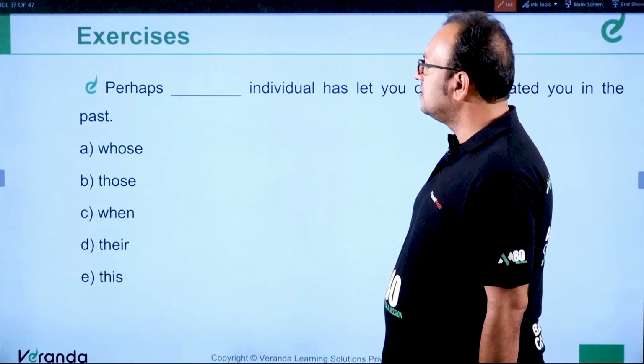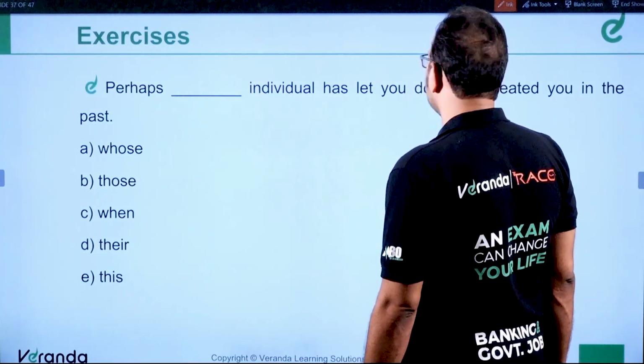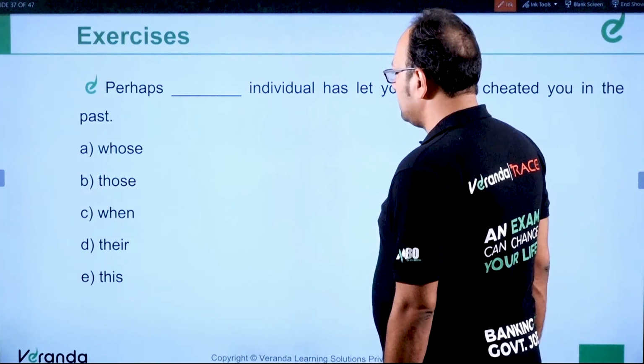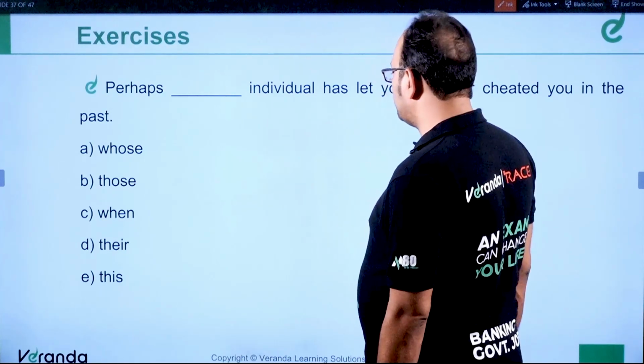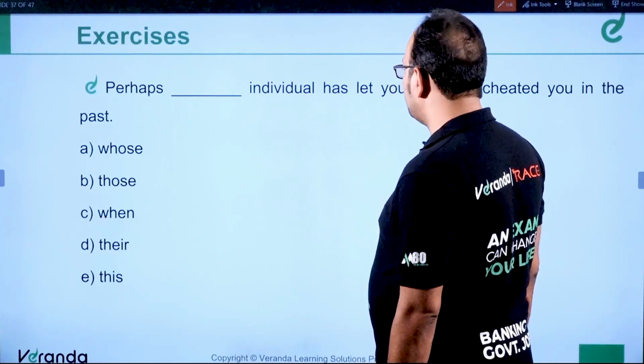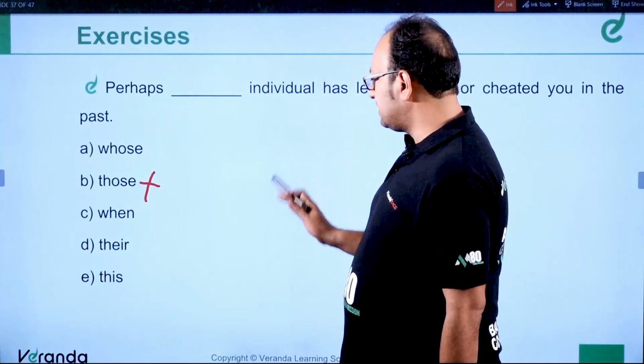Moving ahead. Perhaps dash individual has let you down or cheated you in the past. Perhaps whose individual? No. Those individuals? If it were those, we would have individuals. That's incorrect.